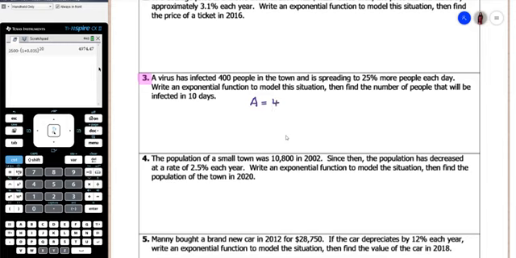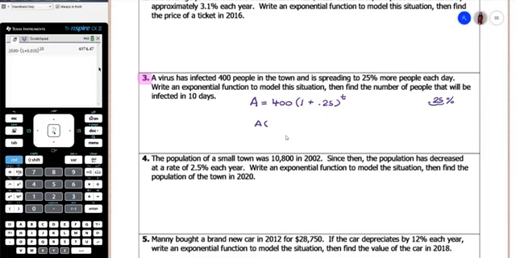So our initial amount of people infected was 400, and then we've got 1 plus, since it's growing, 25% as a decimal. I'm going to move the decimal twice to the left. So we've got 0.25, and then to the power of t.